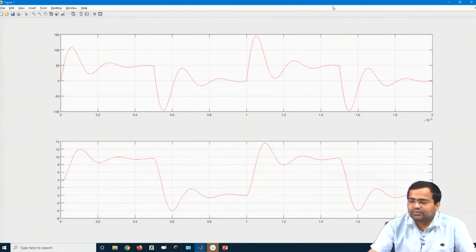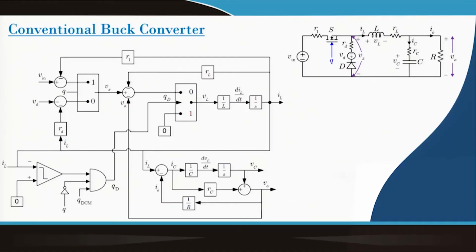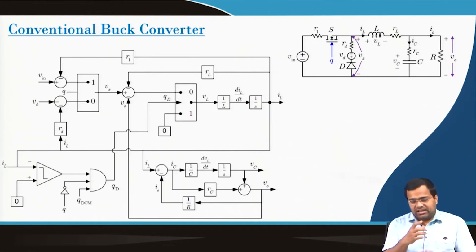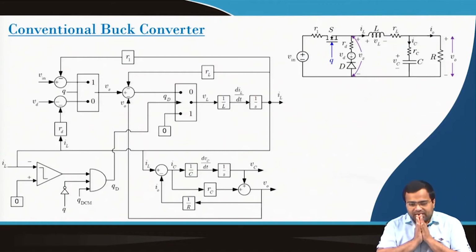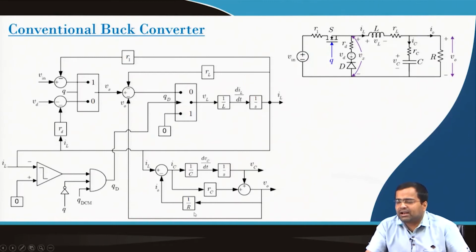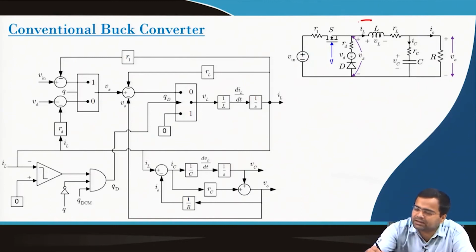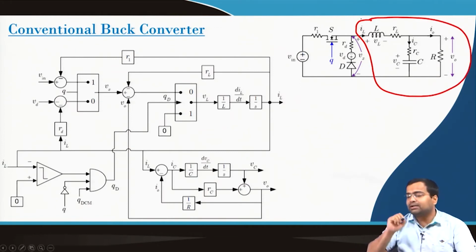Okay. Now, our next task. What is our next task? So, the next task is to implement a conventional buck converter. So, now it is a complete diagram. If we look at the parallel RLC circuit, this part is common, this part is common, and this part is common.